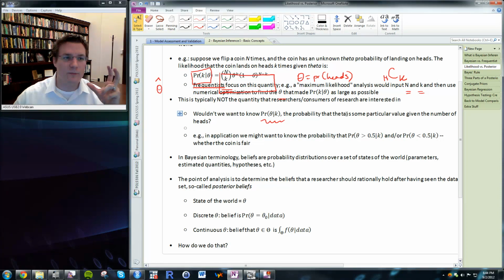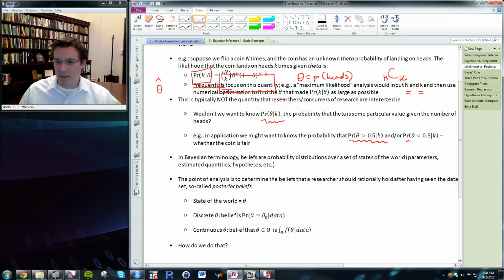So indeed, frequentists often make a point of saying that this thing that we probably want to know is not actually what a frequentist analysis tells you. In application, we probably want to know, for example, what's the probability that the coin is biased towards heads, or maybe the probability that it's biased towards tails.